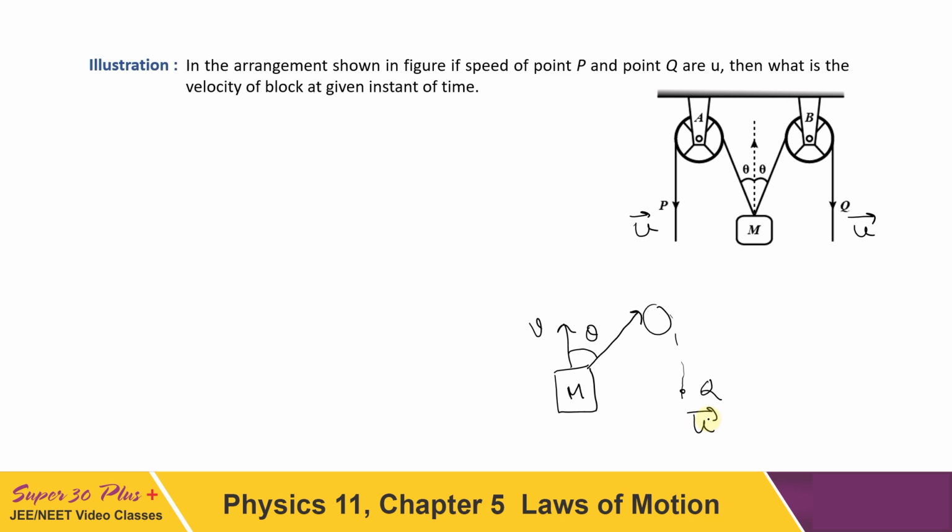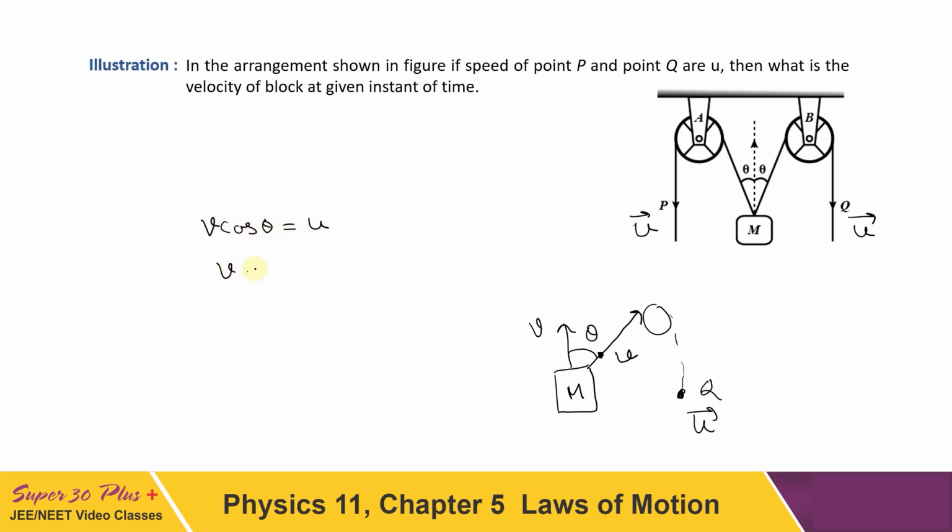As you can see, the velocity of all the points of the string has to be the same in the direction of the string. So whatever the velocity at this point has to be the velocity at this point in the direction of the string. So in this direction the speed has to be equal to u, and from here we can write v cos theta is equal to u.